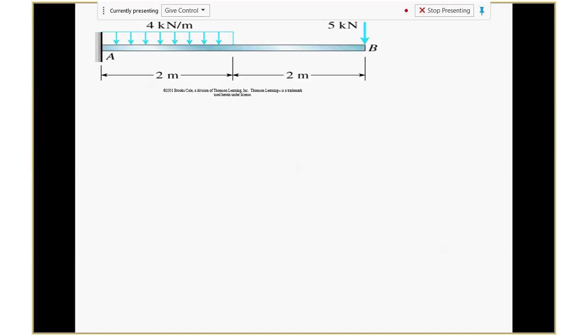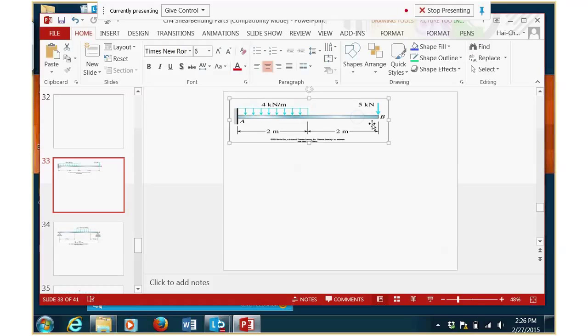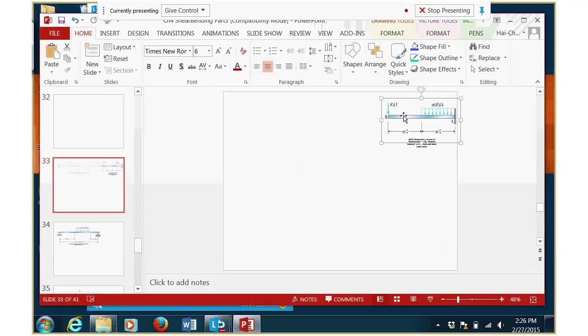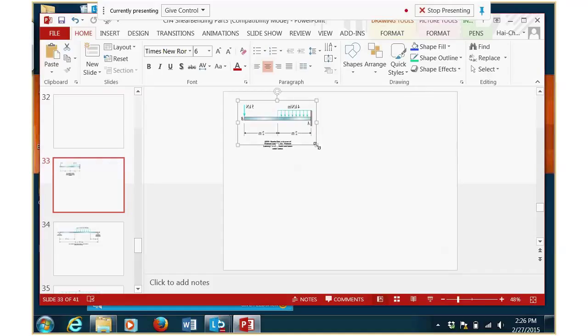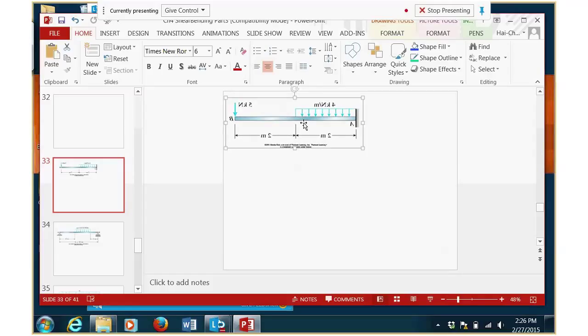Okay, for this one, let me change this slightly. Let's change to this problem.